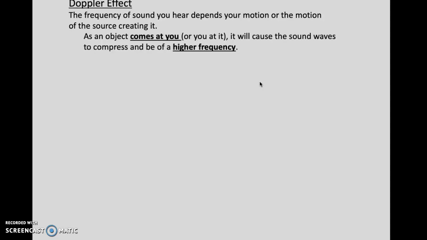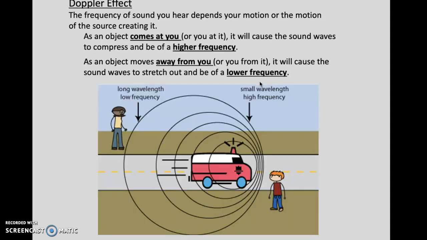So with the Doppler effect, what you see is that there's a change in the sound of an object as it's moving. Right, as an object comes to you, the waves change frequency, or it appears to, because they're compressing. And as it moves away from you, they're spreading out, and you get a lower frequency.